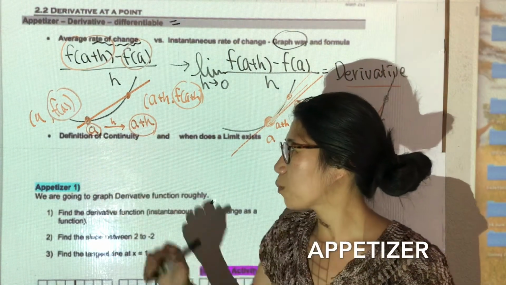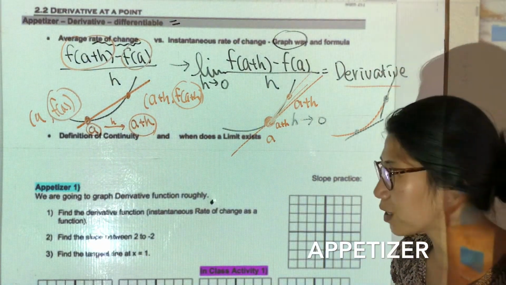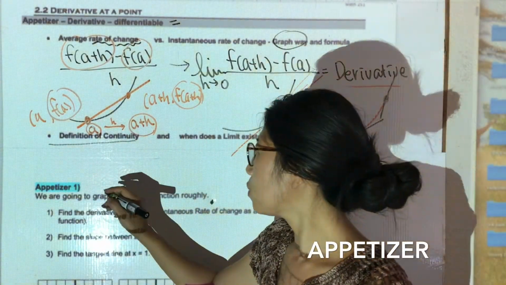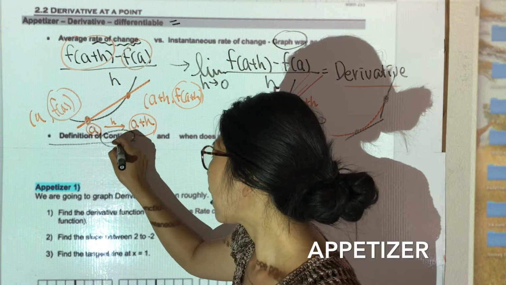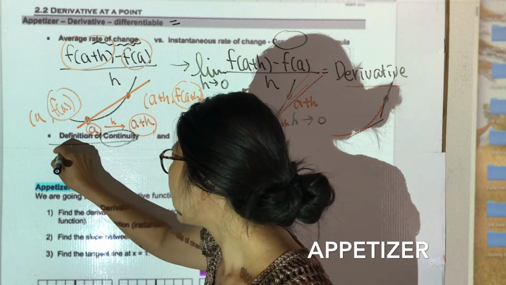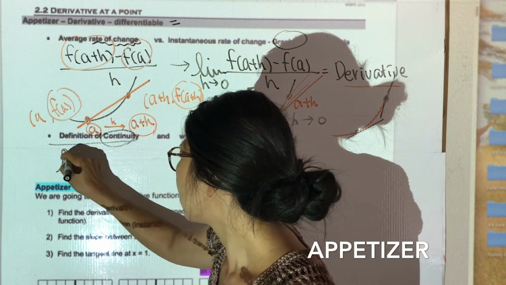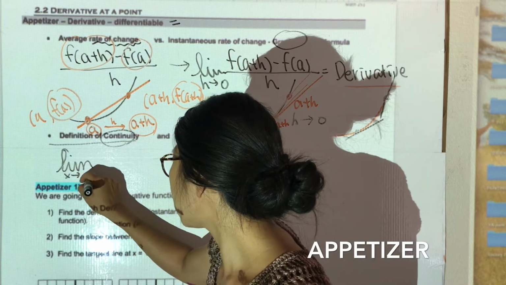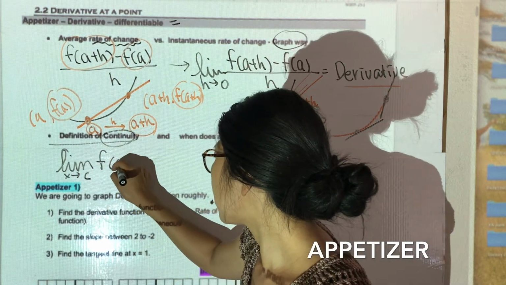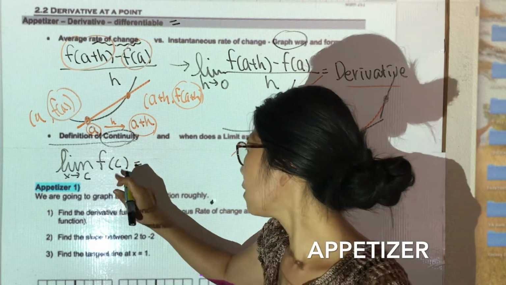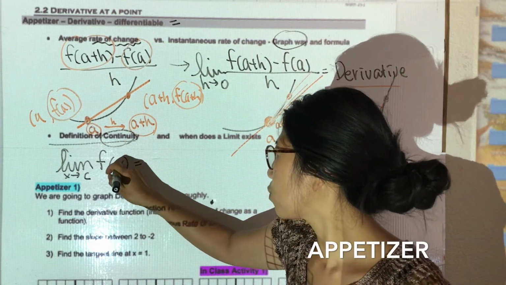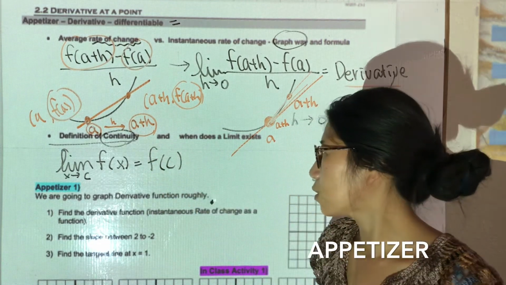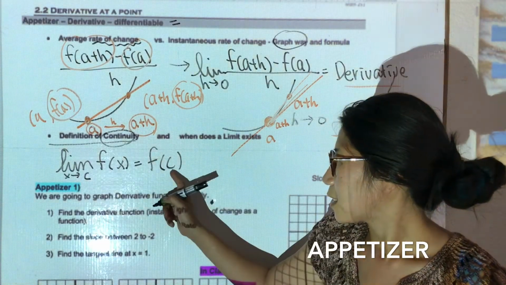Now let's go back to the definition of continuity. What was the definition of continuity? Continuity means that when x goes to c, the limit of f(x) has to be the same as the value of the function at c.